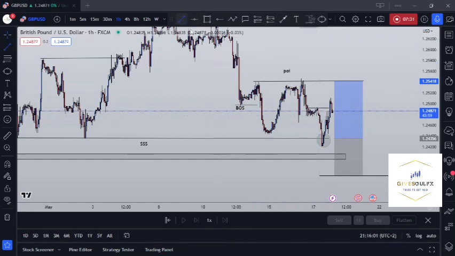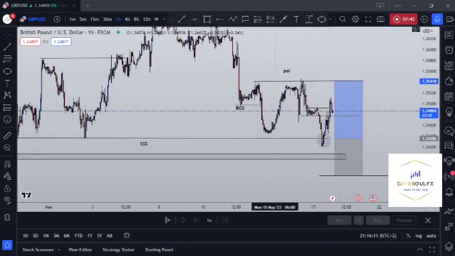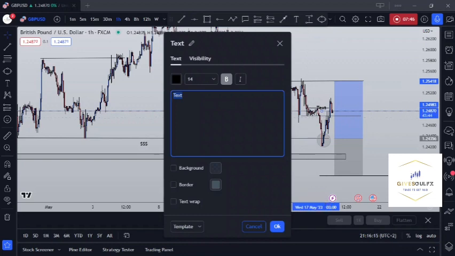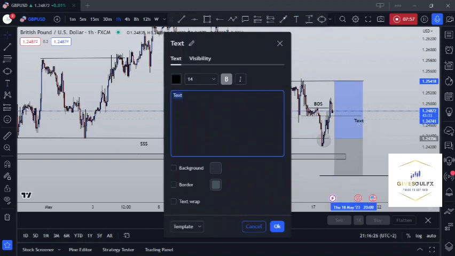We are expecting a retracement below this zone here. This is my point of interest. I have my point of interest here. This is my break of structure here. I have my break of structure here and my point of interest here.